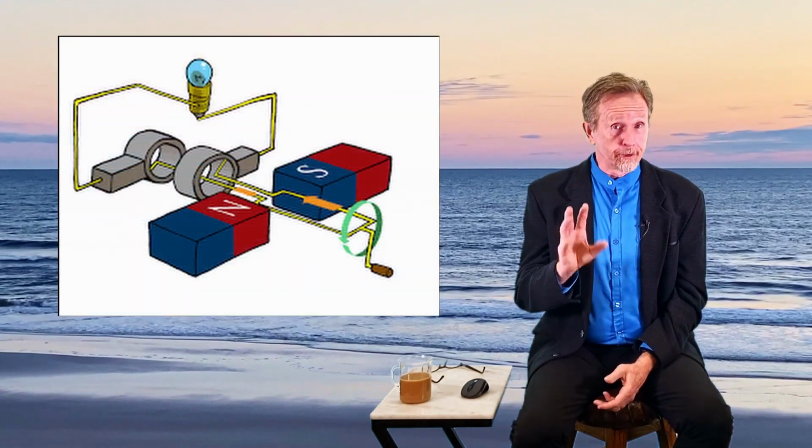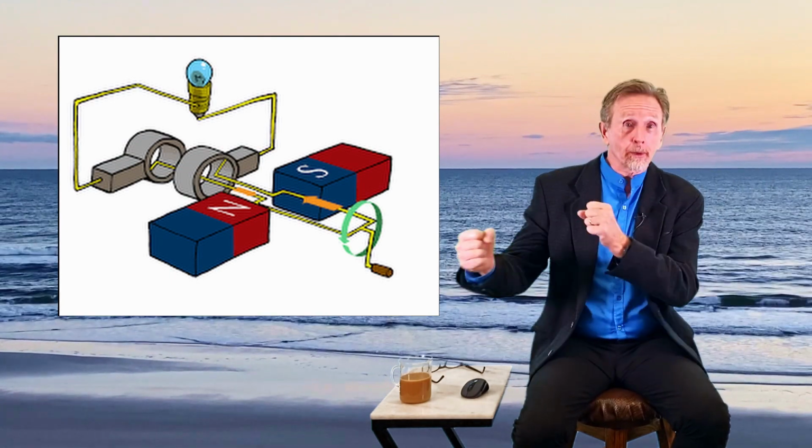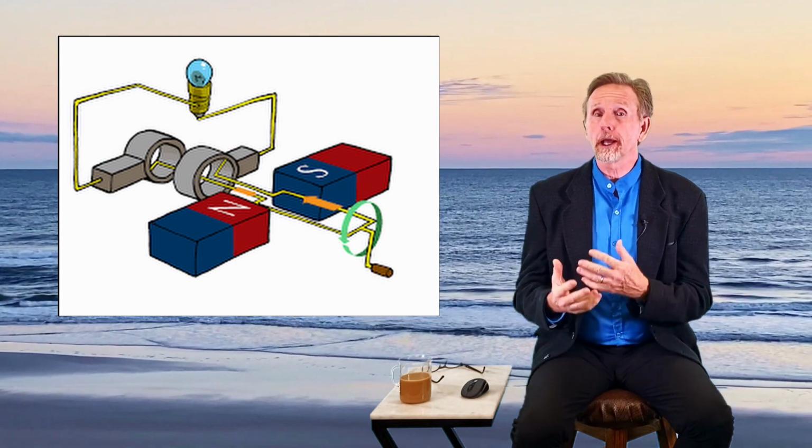Well, we need an electric generator. And this is simply a device that converts mechanical energy moving around into electrical energy. Generators produce electrical energy by moving an electrically conductive material within a magnetic field.